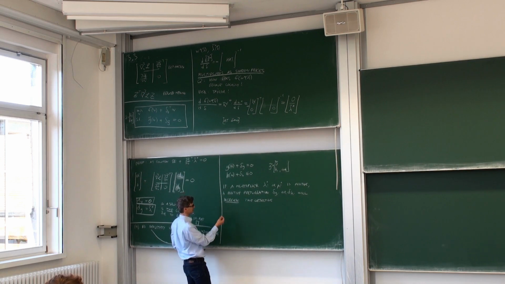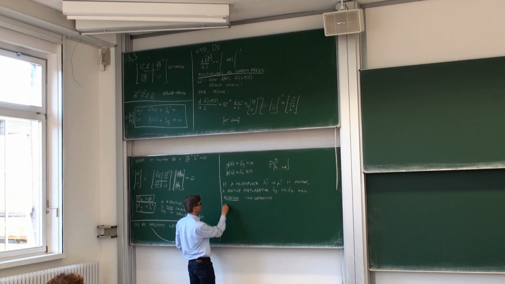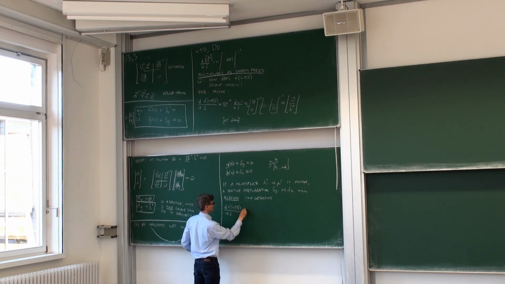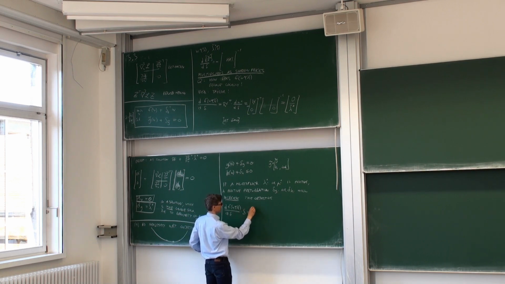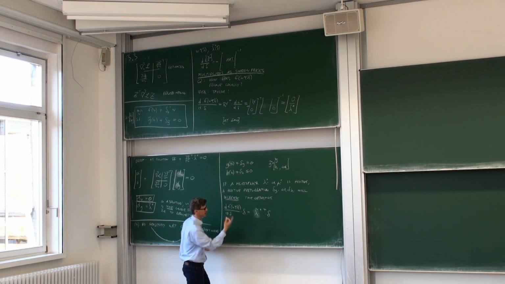Maybe to just write it explicitly, I would say the derivative of f w star delta, times a perturbation delta, is of course nothing else than just d g tilde, lambda tilde star times delta g tilde.